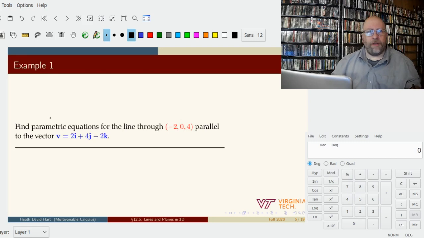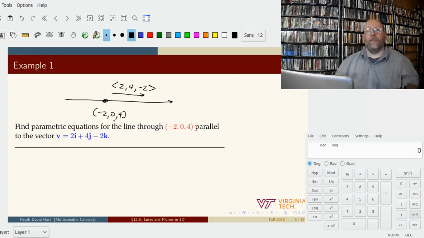So here's an example. Let's find parametric equations for the line that starts at the point -2, 0, 4, and goes parallel to the vector 2i plus 4j plus -2k. The idea is that the x-coordinate, the y-coordinate and the z-coordinate will start at the starting points, -2, 0, and 4.